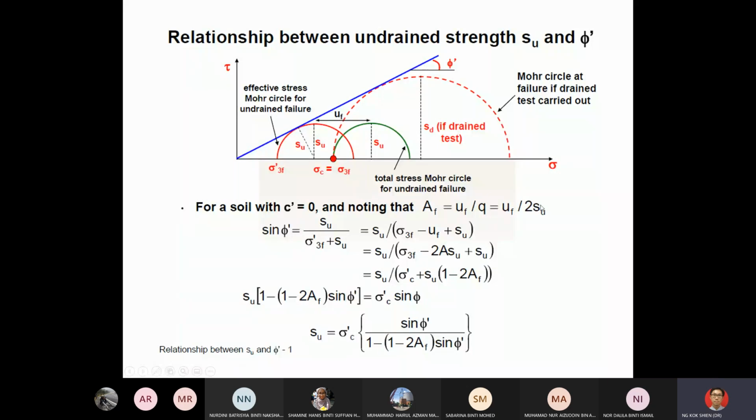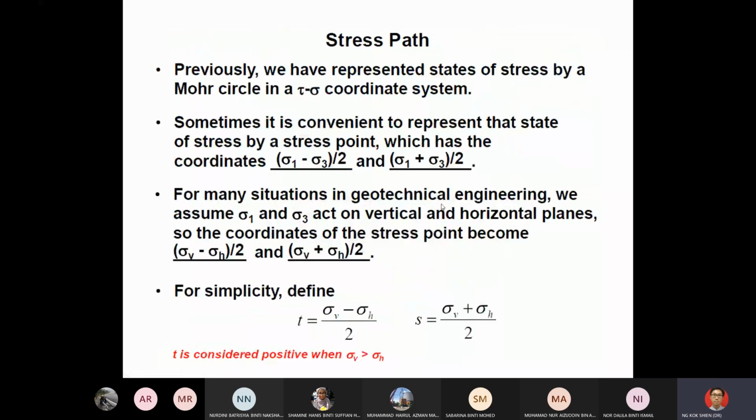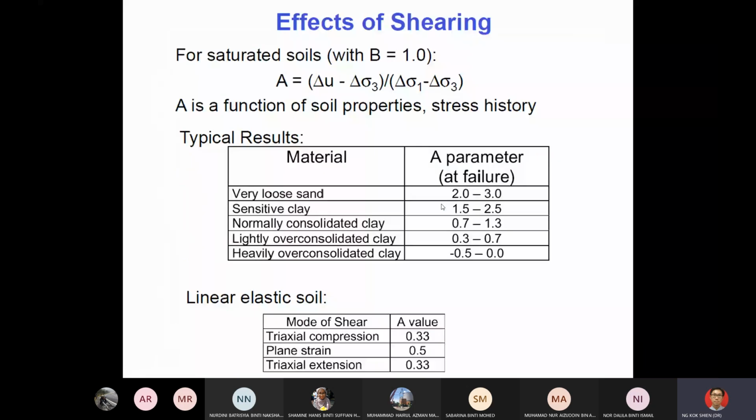And we know that the deviator stress is 2 times the SU. Okay, you can see here, 2 times the SU, right? 2 radius. Yeah. So this A value, we will talk about it later on. If you look at the slide later on, the formula is this one.